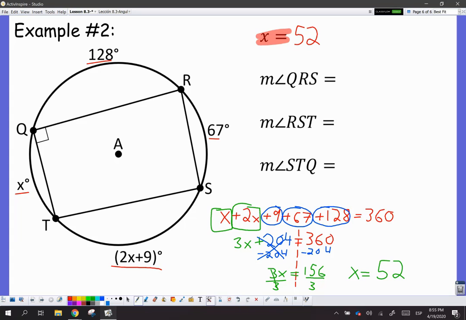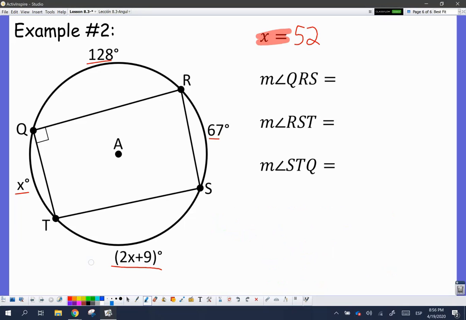I'm going to clear this out at the bottom so that I have some more space to work with. What we're going to look for next is the measure of angle QRS. So let's go and highlight that angle.